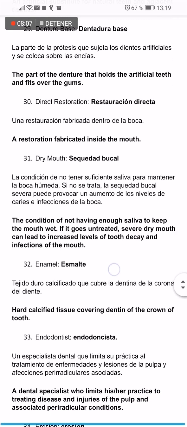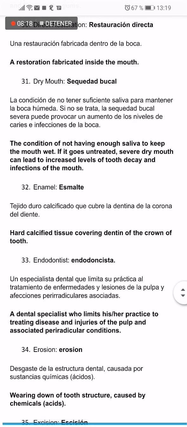Direct restoration: a restoration fabricated inside the mouth. Dry mouth, sequedad bucal: the condition of not having enough saliva to keep the mouth wet. If it goes untreated, severe dry mouth can lead to increased levels of tooth decay and infections of the mouth.